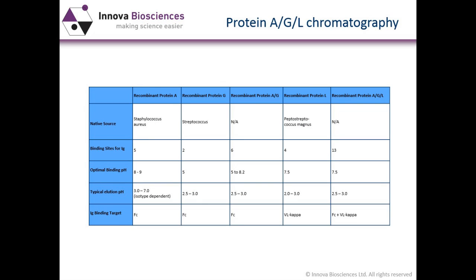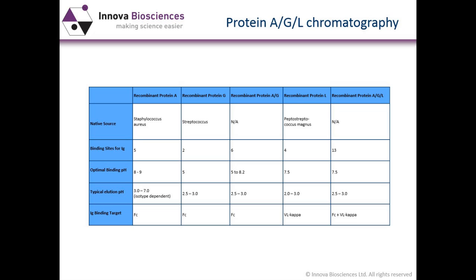This table actually shows just a summary of the different properties and different ways in which protein A, protein G and protein L are derived, and some of the key factors that they have. So if we start with protein A on the left hand side, this is actually derived from Staph aureus.